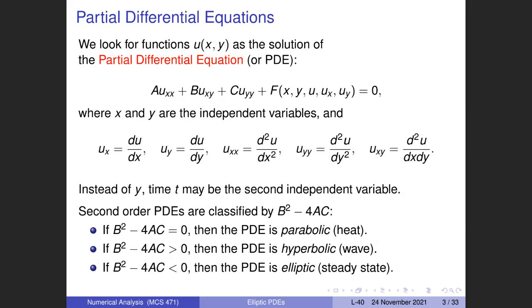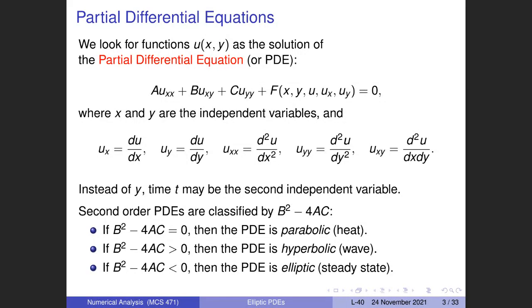So again, what is a partial differential equation? We consider equations of this particular form where the second order partial derivatives appear with coefficients a, b, and c. We are looking for an unknown function u that depends on 2 variables, x and y.